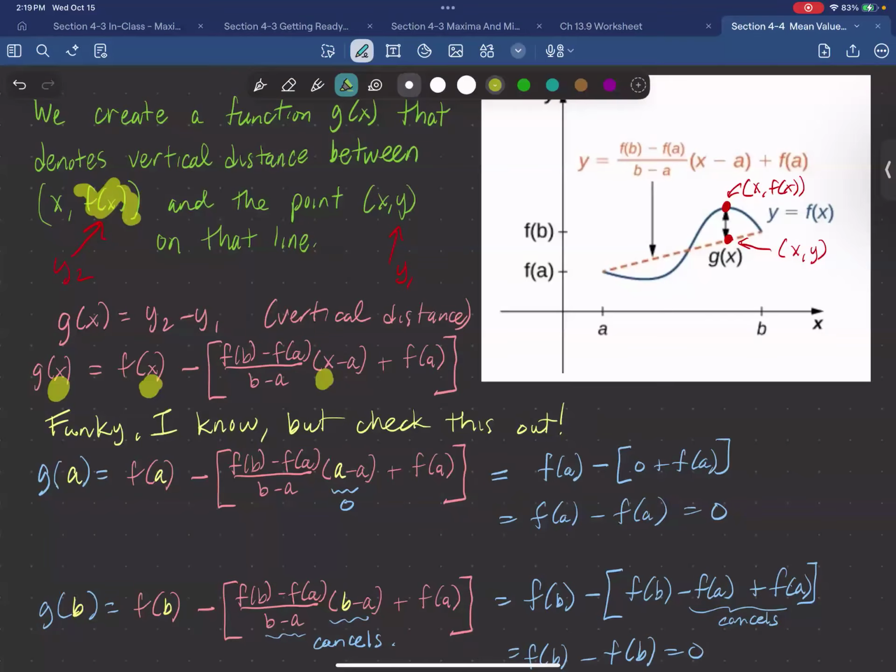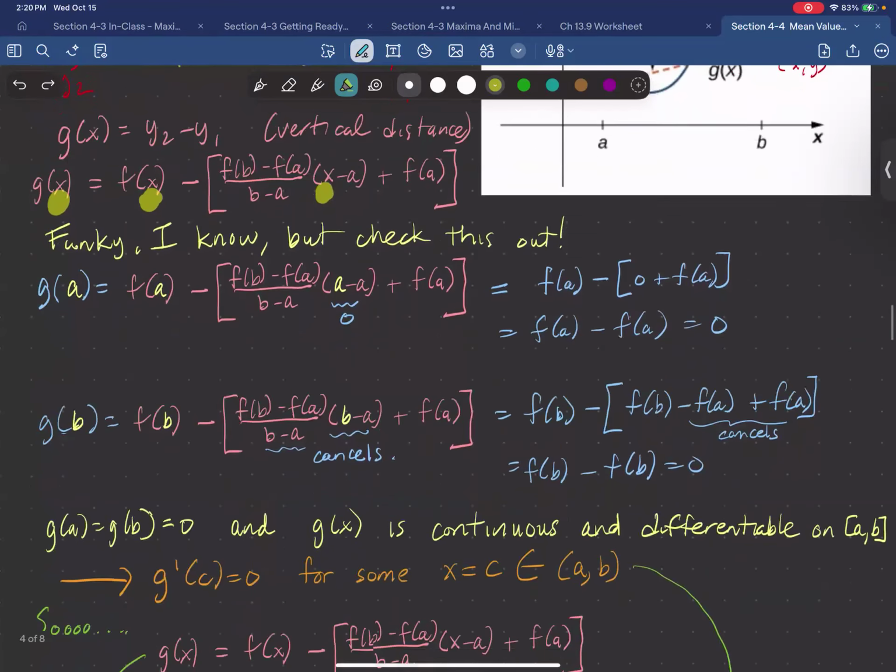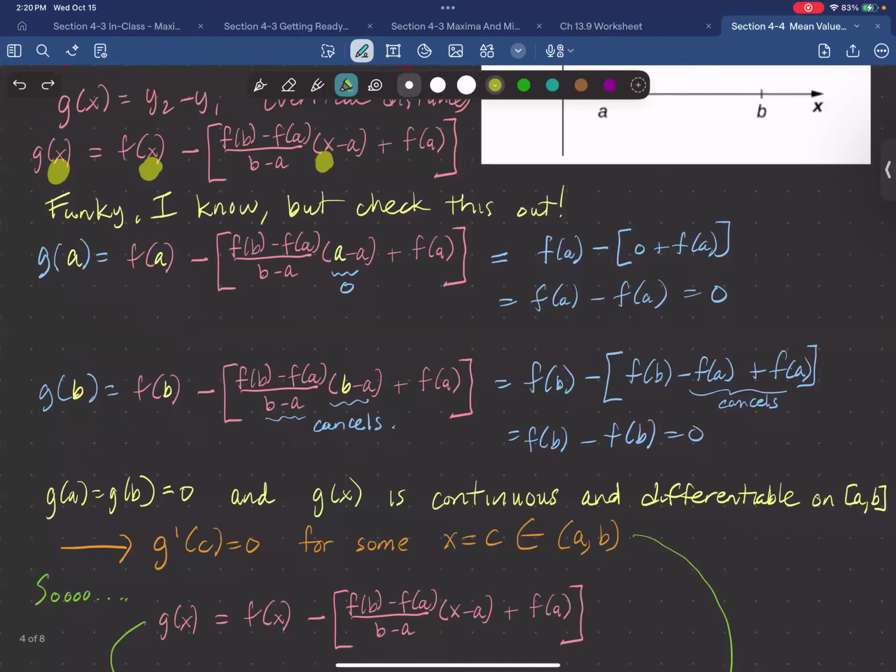And you'll notice that these two cancel. Minus f of a plus f of a cancel. So we've got f of b minus f of b. That equals 0. So both g of a and g of b equal 0. And g of x was continuous and differentiable on [a, b]. So g prime of c equals 0 for some x equals c inside of (a, b). That's Rolle's theorem.